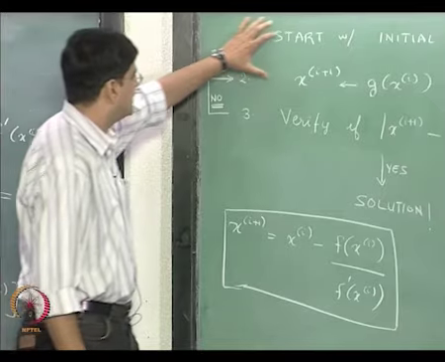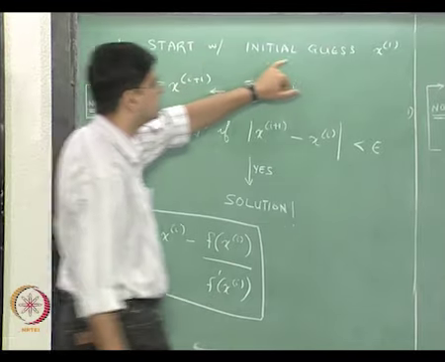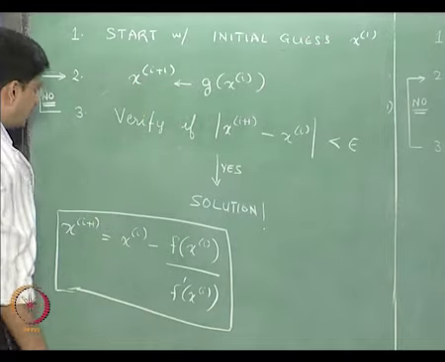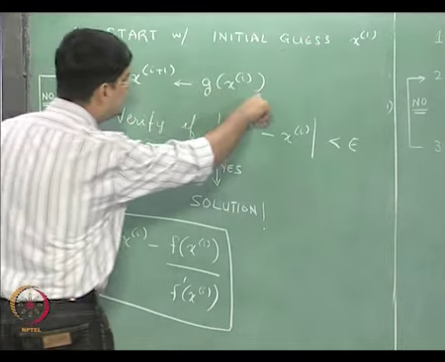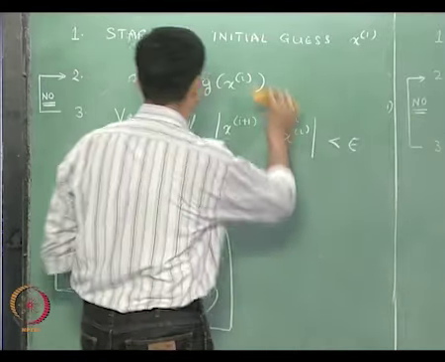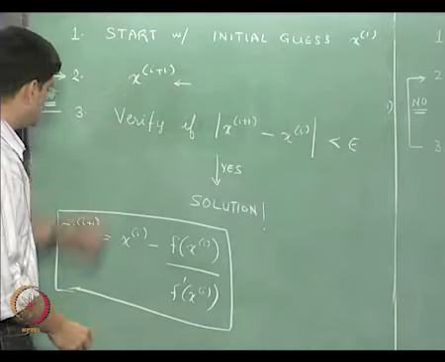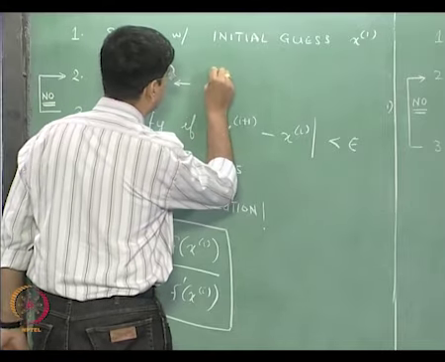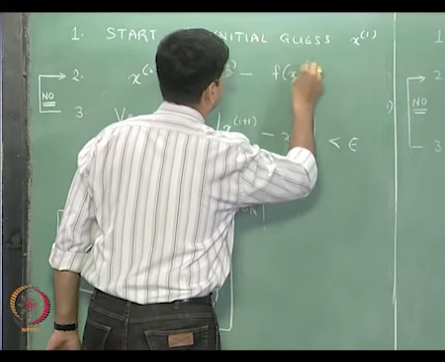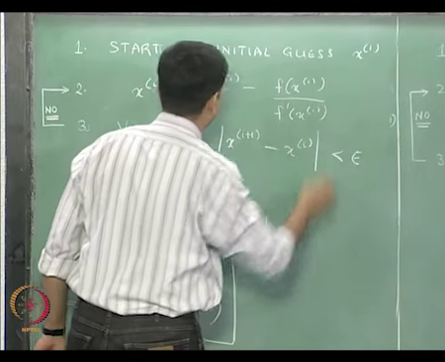Okay. So let us go to the algorithm that we developed for the fixed point iteration. We start with a single initial guess xi. In fixed point iteration, we assigned g of xi to xi plus 1. We are not going to do that in Newton-Raphson's. Instead, we are going to use this particular equation and assign it to xi plus 1. So our xi plus 1 is nothing but xi minus f of xi divided by f dash computed at xi.